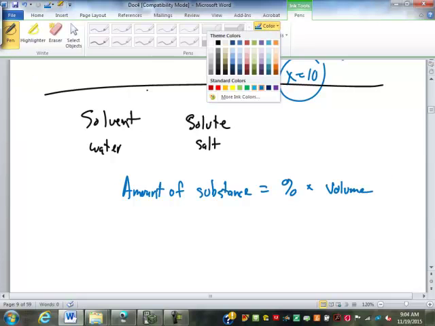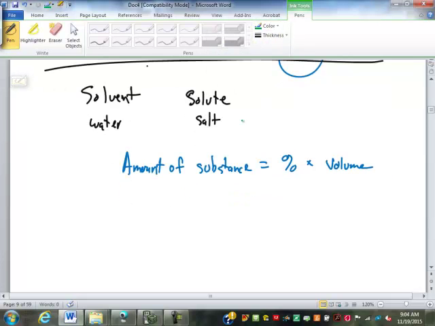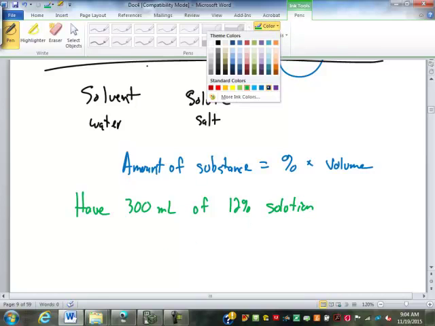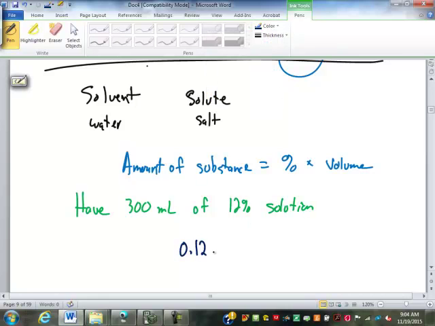So for example, if we have 300 milliliters of 12% solution, that means 12% is 0.12 as a decimal, times 300 milliliters is 36 milliliters of substance in that solution. Does that make sense?